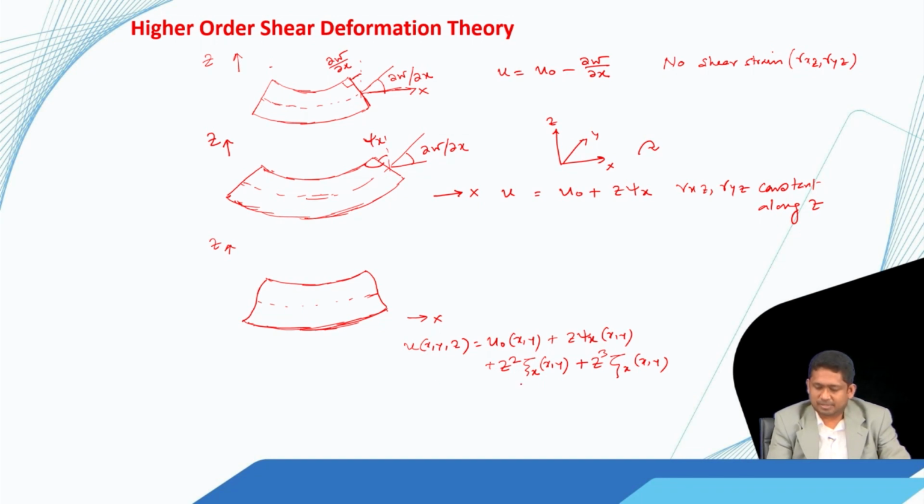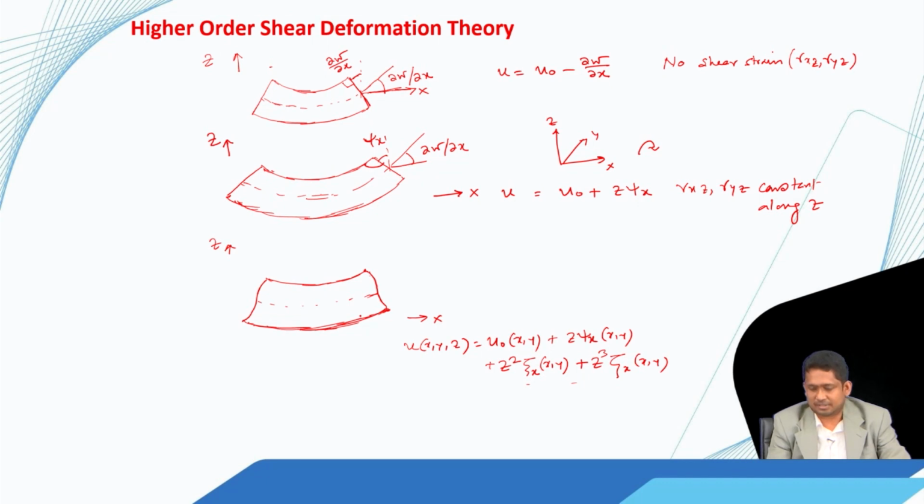So, because of these terms we can see that this u0 can vary non-linearly along z. That is why a section which was initially plane after deformation can become a curve. Now, because of this relaxation of the assumption, this model itself can incorporate the fact that shear strain is 0 here and 0 here.